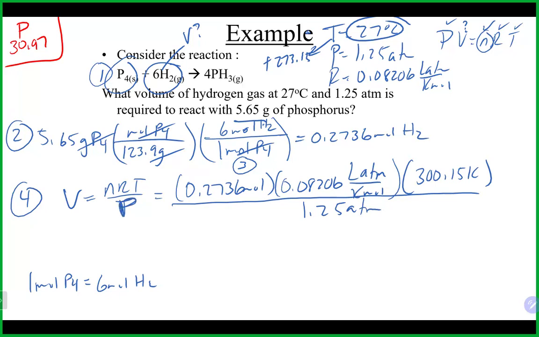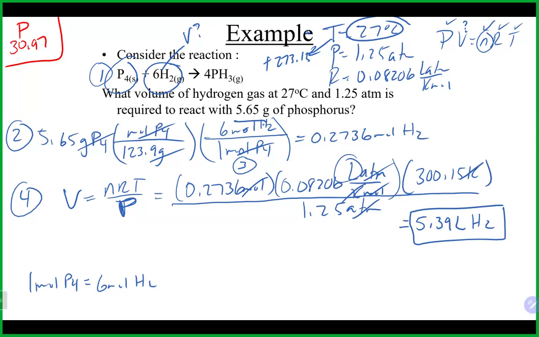Again, here our moles are going to cancel, our Kelvin are going to cancel, atmosphere is going to cancel, leaving us with liters as our unit, and we will end up with 5.39 liters of H2 in this case.